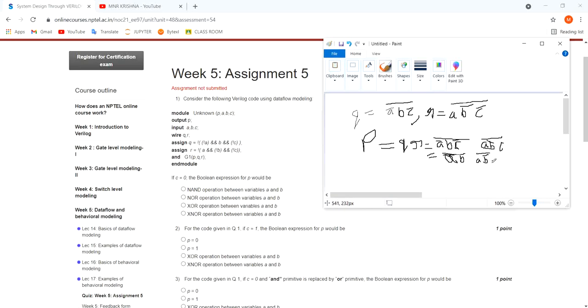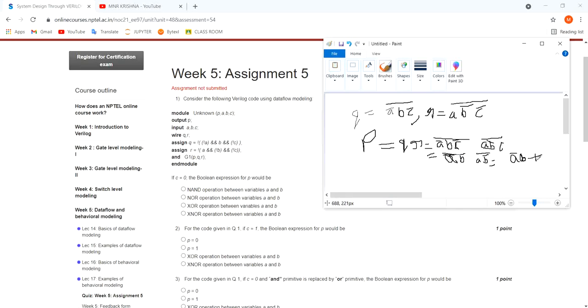This can be written by using De Morgan's law. We can write A bar into B bar as A bar B. Let us assume A bar B as A and B bar as B. A bar into B bar is equal to A plus B whole bar.